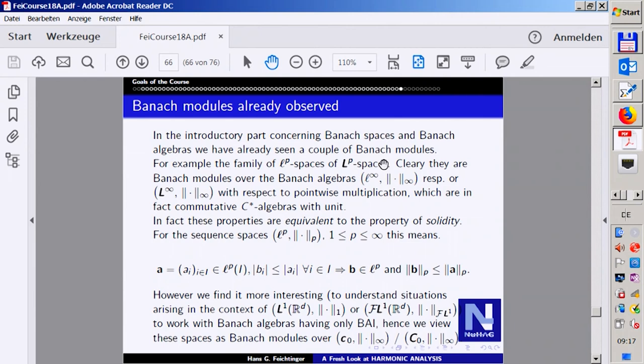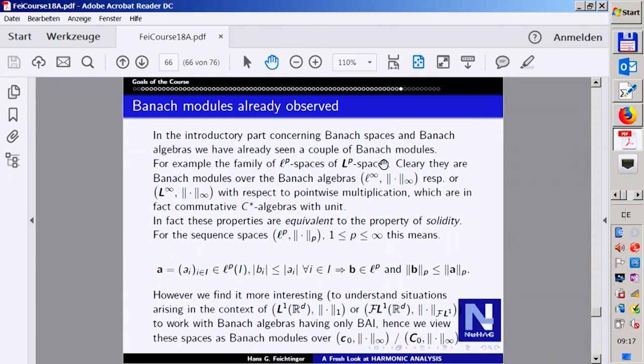Maybe we mostly discuss the discrete case here, and you read this at home later on. If you multiply with a bounded sequence, you can control the LP norm of the resulting product sequence by the size of the multiplier times the other one.